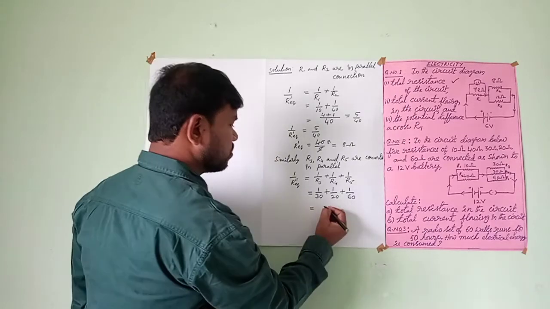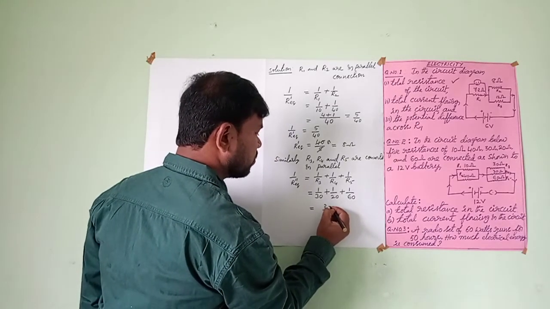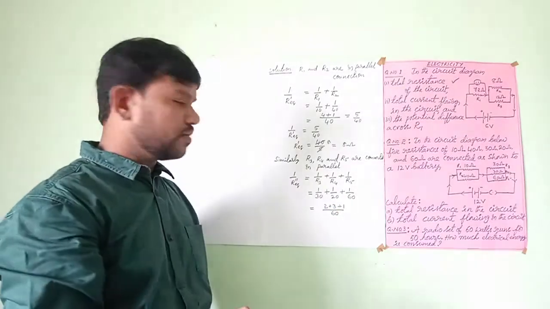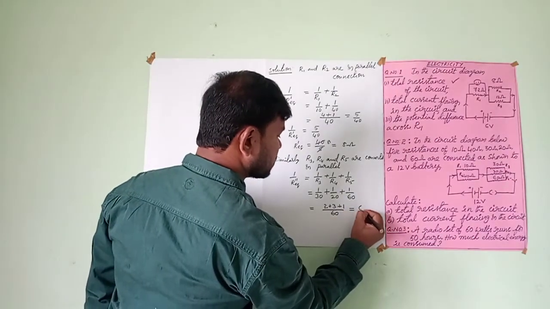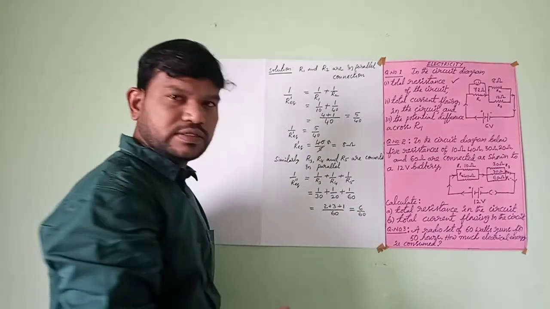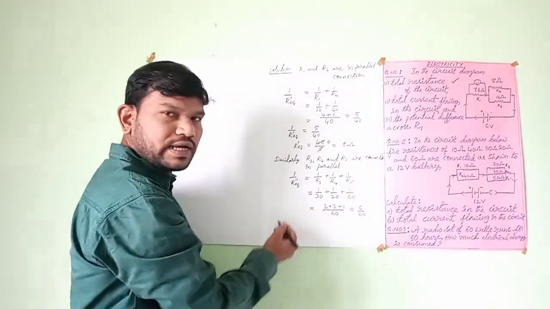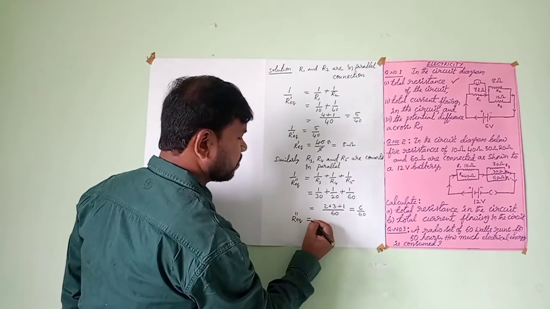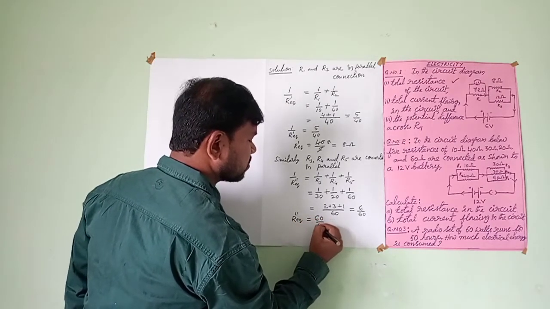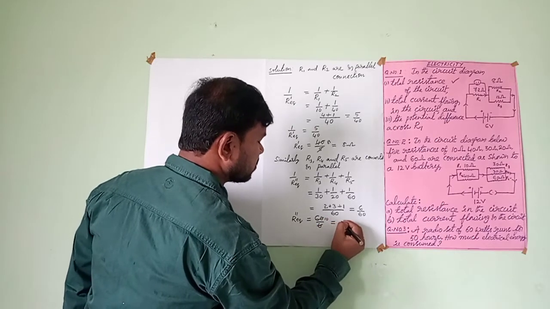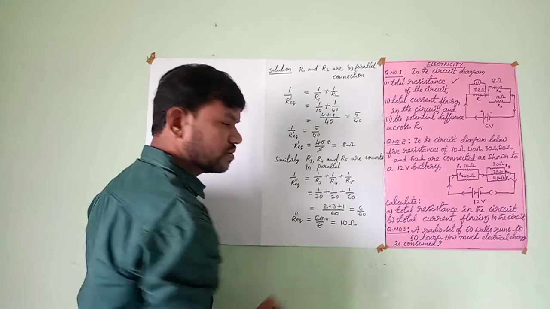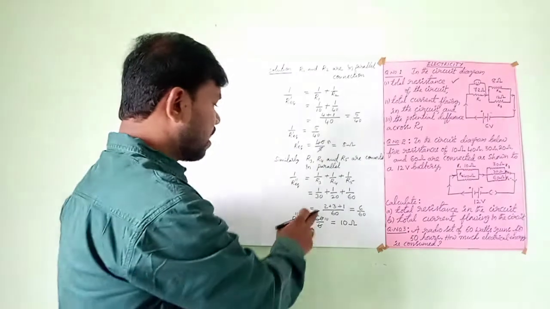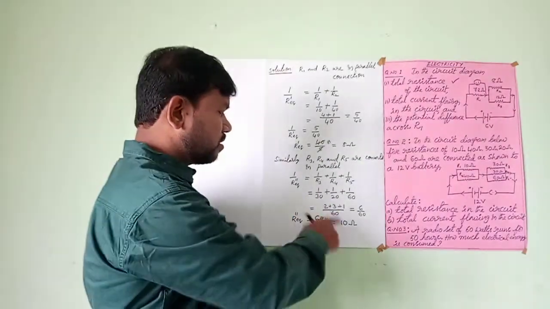So 2 plus 3 plus 1 is equal to 6 by 60. So R double dash equivalent is equal to 60 by 6, that is equal to 10 ohms. Students, here we got the equivalent resistance of R3, R4, R5, that is 10 ohms.